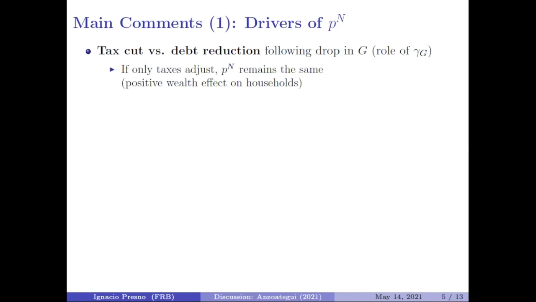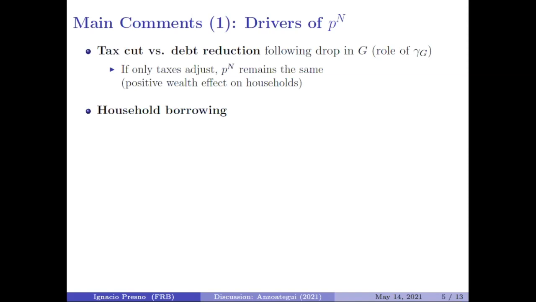We would have a positive wealth effect on households, but the relative price of non-tradables wouldn't change. That is important to keep in mind, and it also highlights the importance of the parameter gamma G in the fiscal rule.